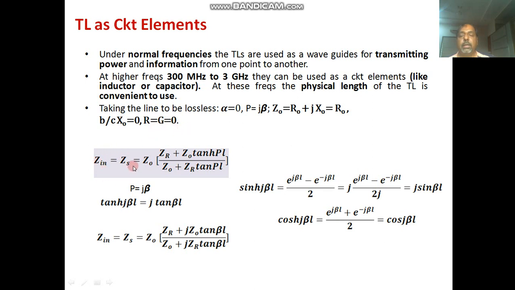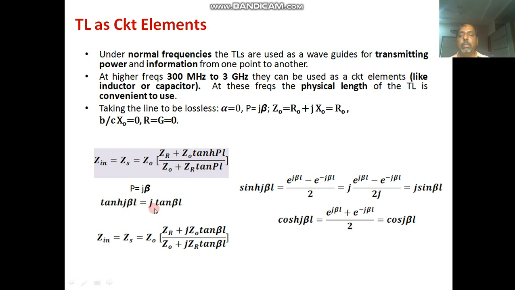So the input impedance for a transmission line we write like this, in terms of tanh gamma L. Now for the lossless case, gamma is equal to j beta, so here we put gamma equal to j beta, and in that case you will get tanh j beta L here, and also j beta L here.